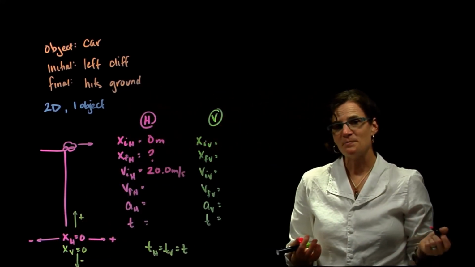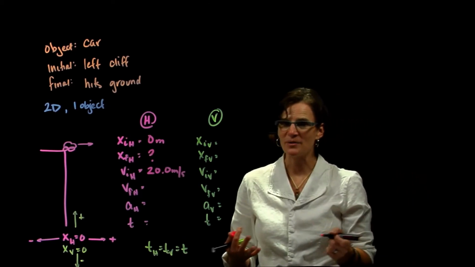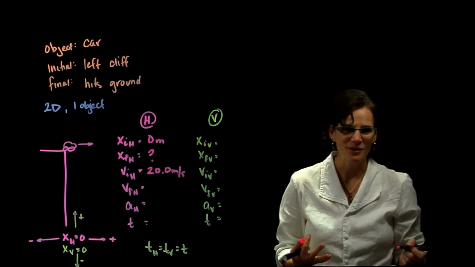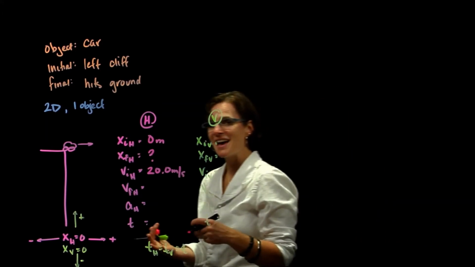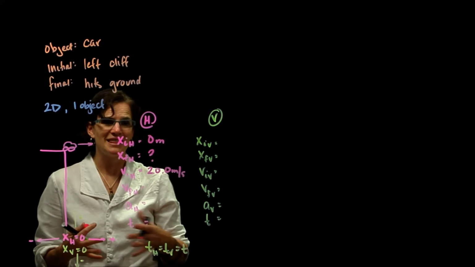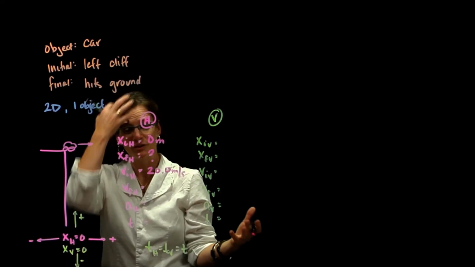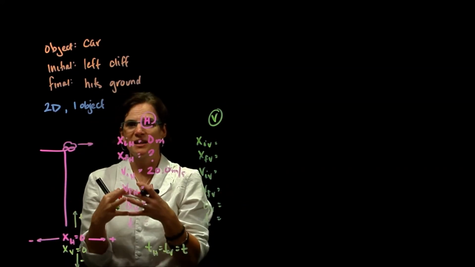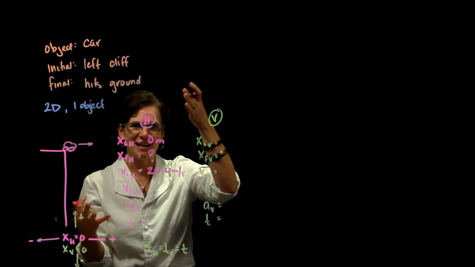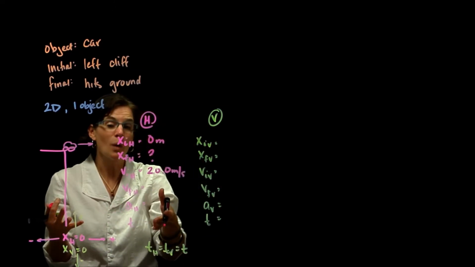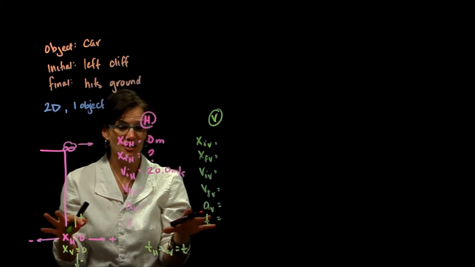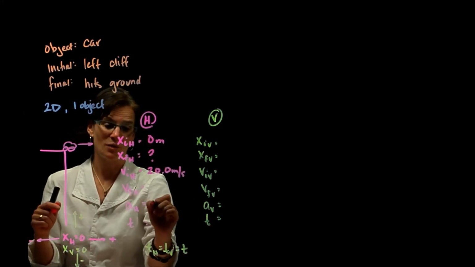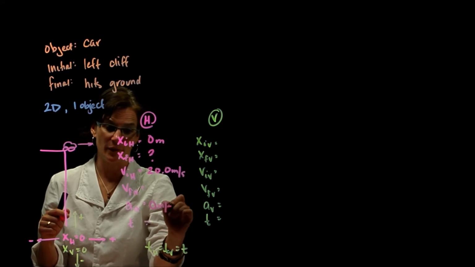Final velocity, well, now we have to remember about acceleration in the horizontal direction in 2-dimensional motion. And you should have read in your book that unless specified, if an object's flying through the air, we learned this in the previous chapter, that only gravity acts on it, and gravity acts in the vertical direction. So, for basic 2-dimensional projectile motion, without any indication, the acceleration horizontally is going to be 0.